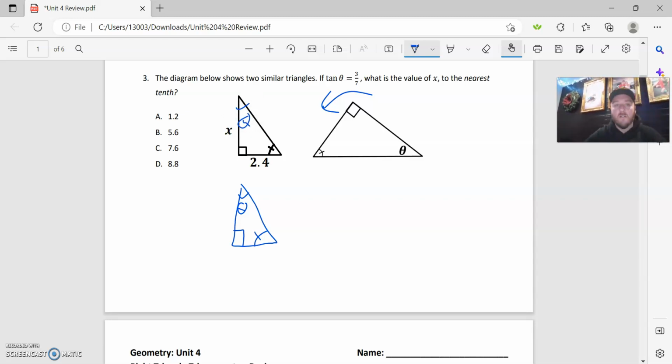I think I left it at the school, like a touch pen for the screen here, so I'm doing my best. But if I set these triangles up so that they're in the same orientation, that top angle above x here is theta, just like this is me redrawing that triangle there. So by the time I rotate the right triangle so that it's in the same orientation as the left triangle, we see that we have theta on the top for both of them.